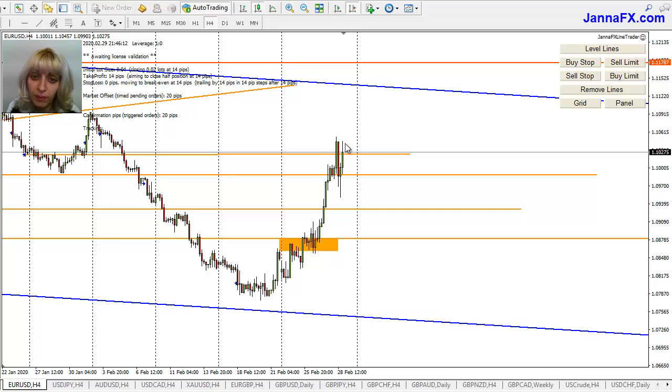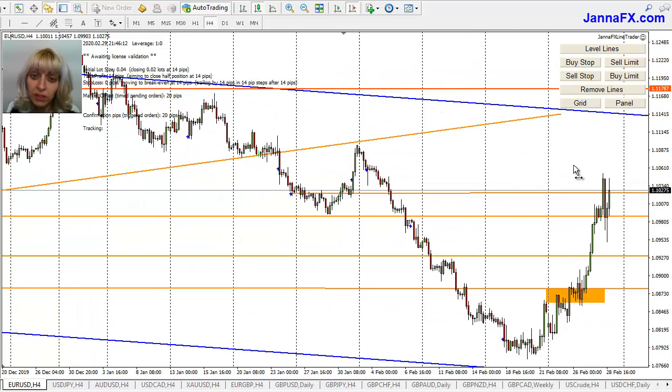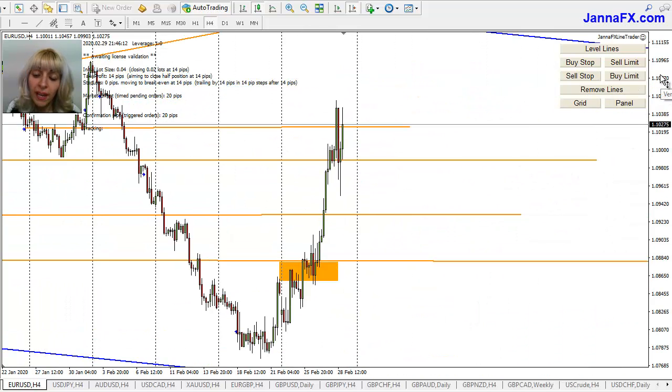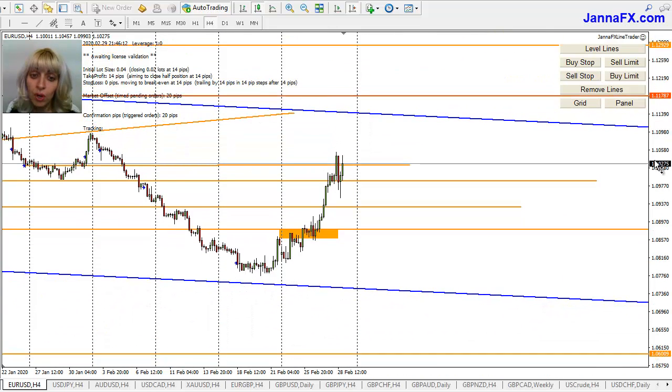So if nothing is going to happen here, then I would wait for it to go to the next level around here, and if it will ignore this and jump here somewhere, that would be another level, and the next level, and back down again. And if it will jump over this level, this is the next one. So all the same levels at this moment, all the same channel, and still looking now at a possible turn. It had enough of correction, and now I'll be looking more towards it turning around once again and continuing this downtrend channel. So that's my view on euro dollar.